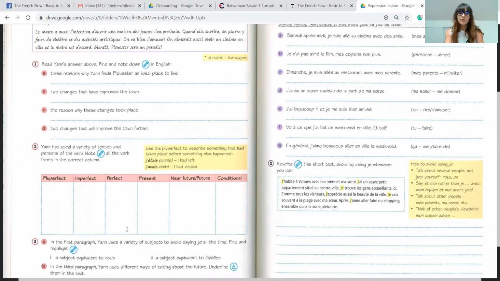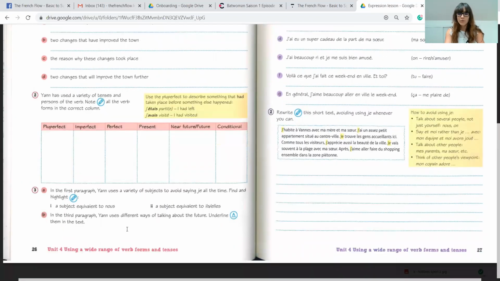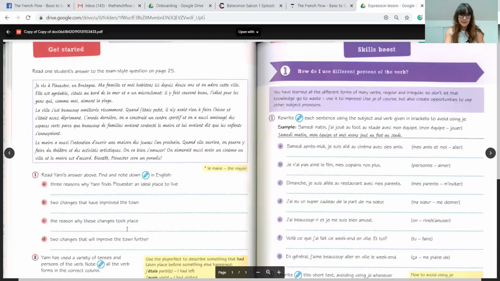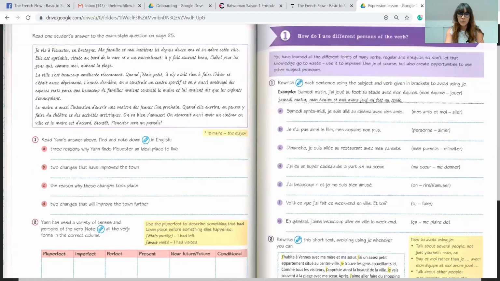The imperfect and conditional are verb tenses that you've probably seen before, maybe not used. The pluperfect, I doubt you've seen it before, but if you have, I'll be very positively surprised. So I'll let you do the get started to get an idea of what we're going to talk about in the next pages. I'll let you pause now and catch up with me later.